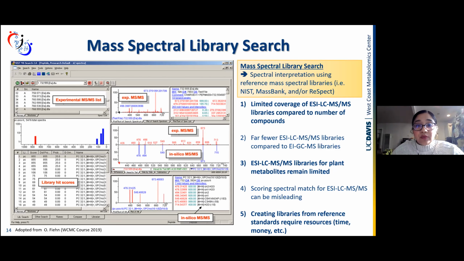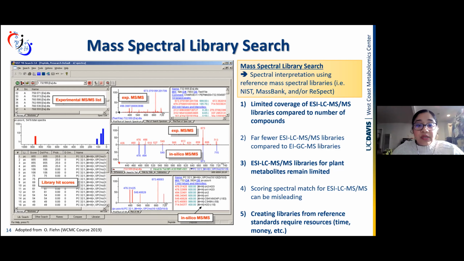So they're more robust, and one can acquire the same compound at a different lab and produce very similar spectra, where that's very difficult for MSMS libraries. For LC-MS libraries for plant metabolites, those still remain very limited compared to primary metabolites or lipidomics, for example.